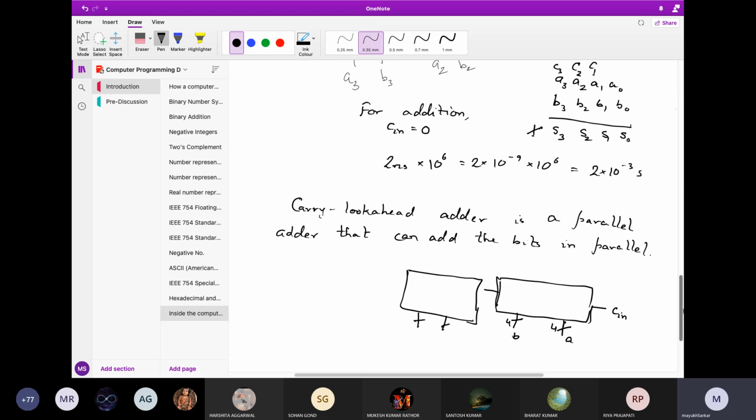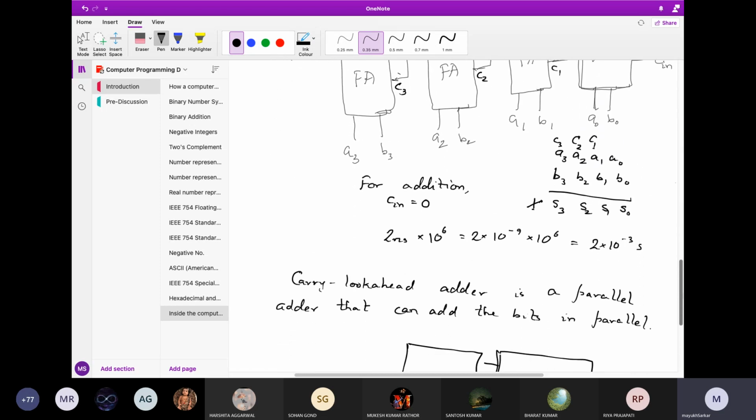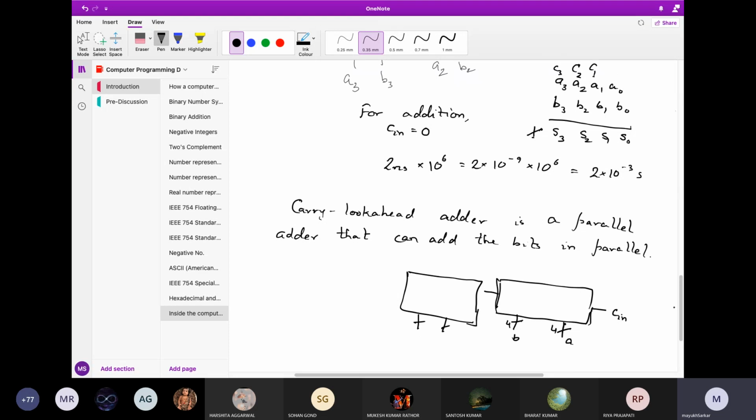So this 4-bit adder you can expand to 8-bit, 16-bit, and then you can add 4 16-bit adders to create a 64-bit adder, and so on. You can expand it as you wish, as long as you have the corresponding cost limit in designing the circuit.